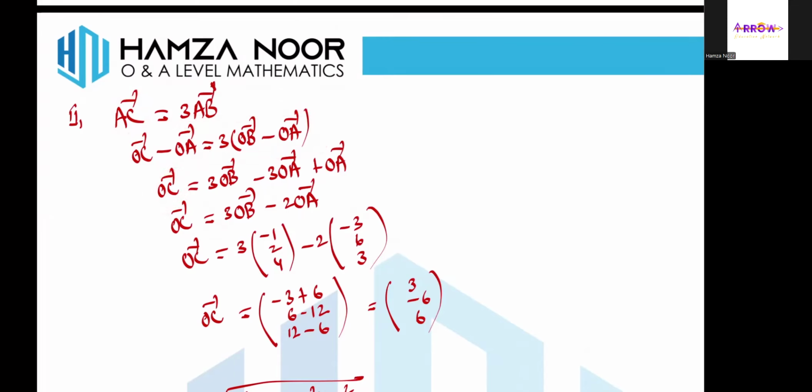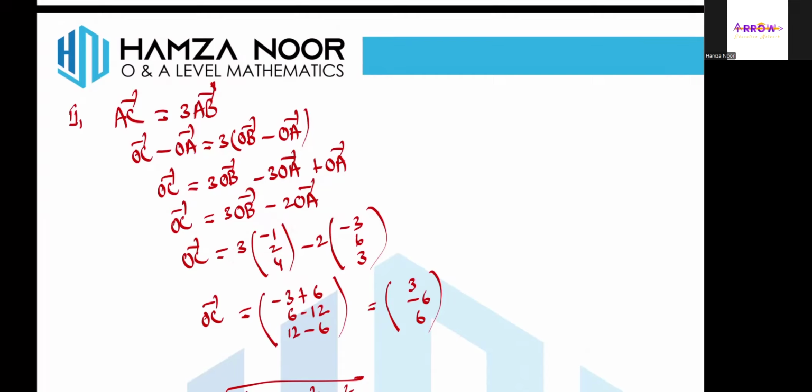So OC will be equal to 3 times OB minus 3 times OA plus OA. And then this will be simplified as OC is equal to 3 times OB minus 2 times OA. And now we are going to use the OB and OA vectors respectively, which are given to us in the question.